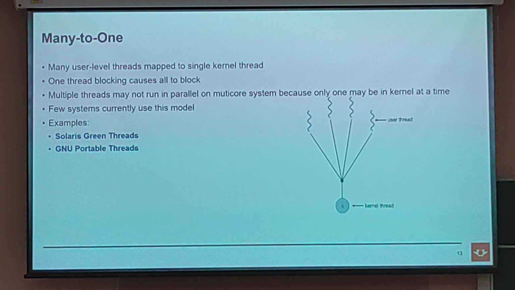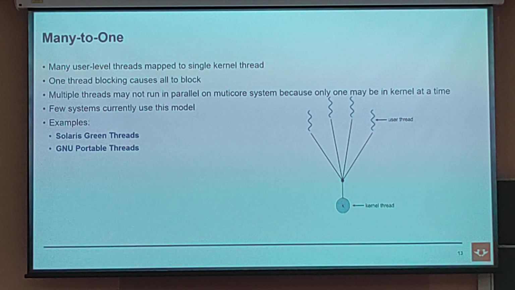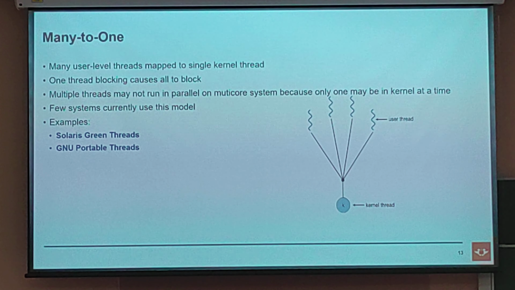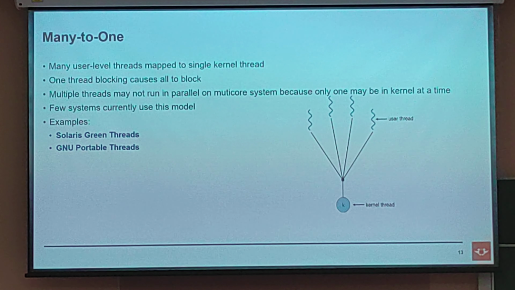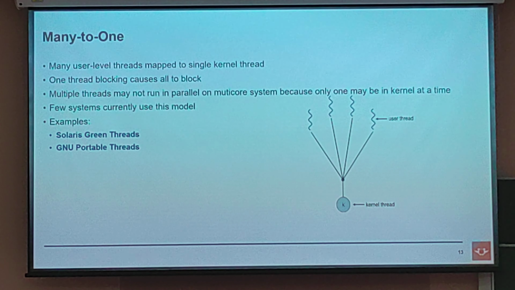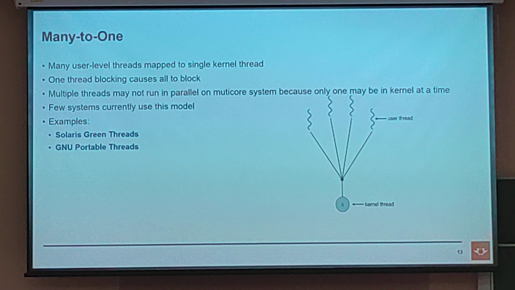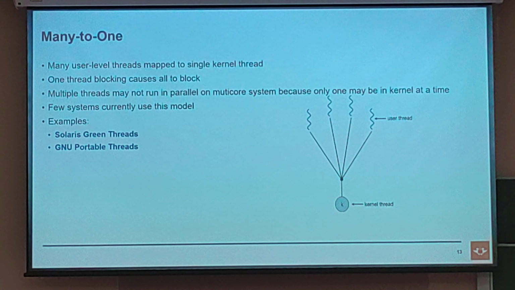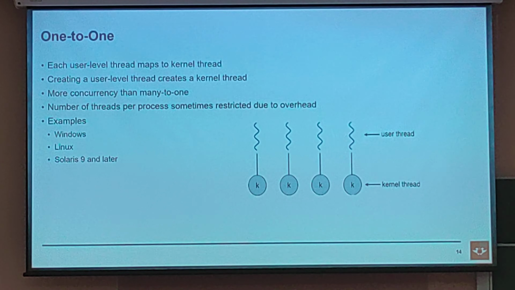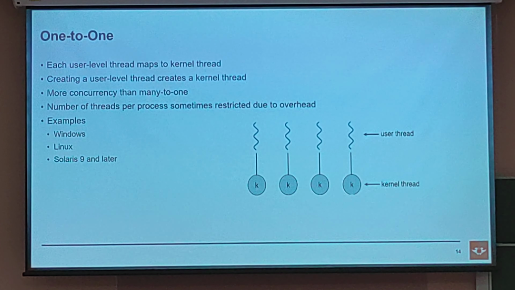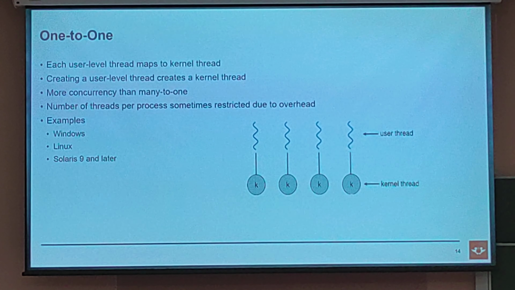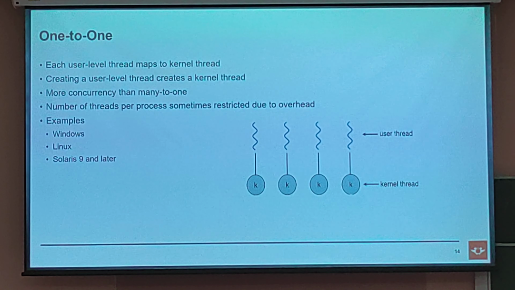So the kernel scheduler, for instance, does not know about these multiple user-level threads, but the user-level threads can be individually scheduled using the runtime that they're in. Then you get the one-to-one model, where we have a direct association between a user-level thread and a kernel-level thread.